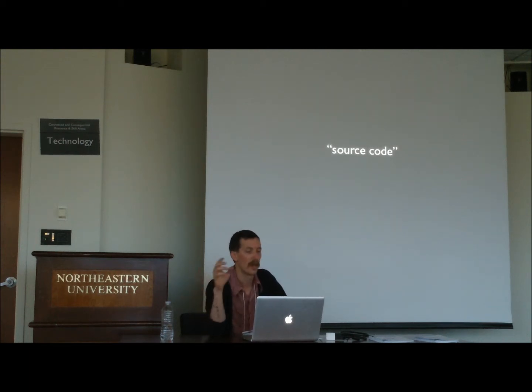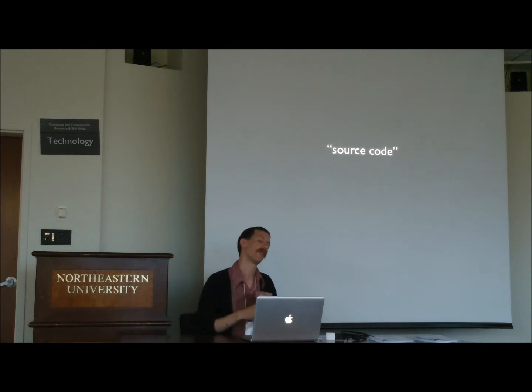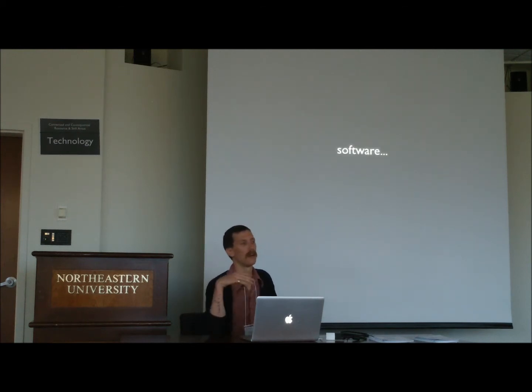The source in open source comes from a term called source code, which is literally the text inside the technology that tells the technology how to function. The source code is more accessible in software than it is in hardware.